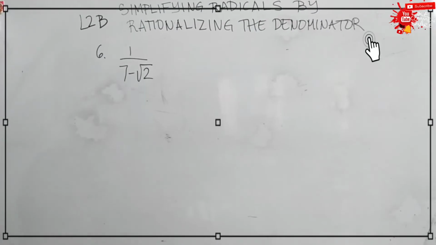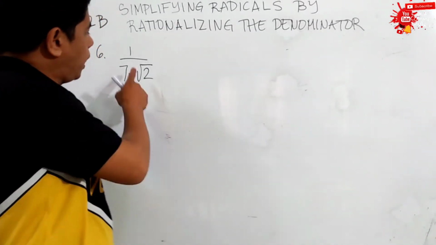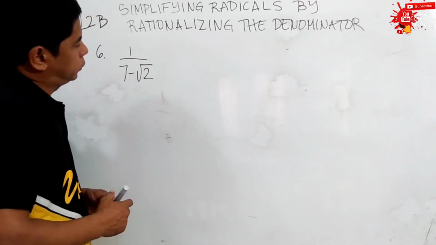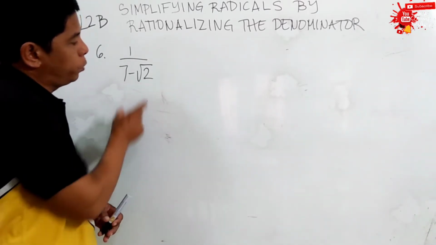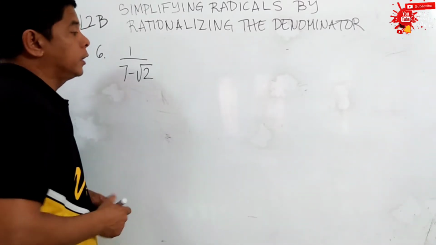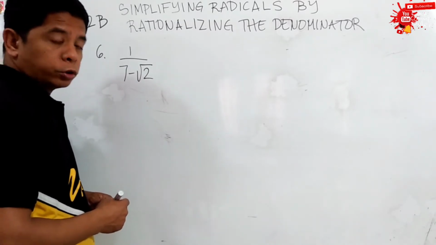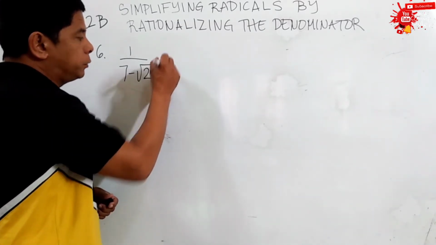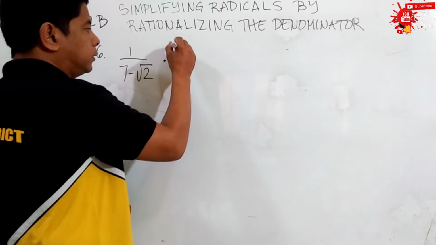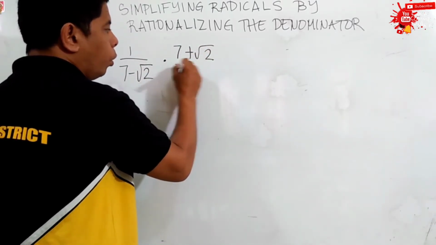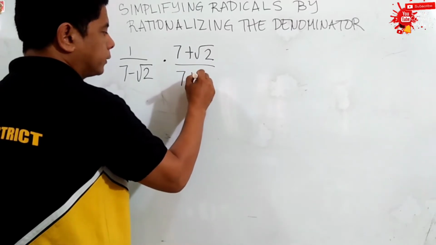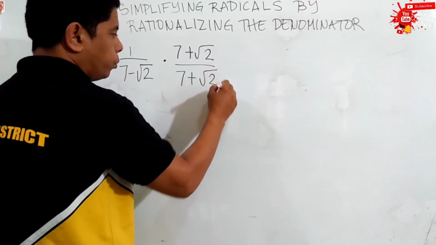Next number. Number 6, 1 over 7 minus square root of 2. Dalawang term, so mumultiply natin ng conjugate ng 7 minus square root of 2. Ano ang conjugates po niyan? That is 7 plus square root of 2 over 7 plus square root of 2. Okay?